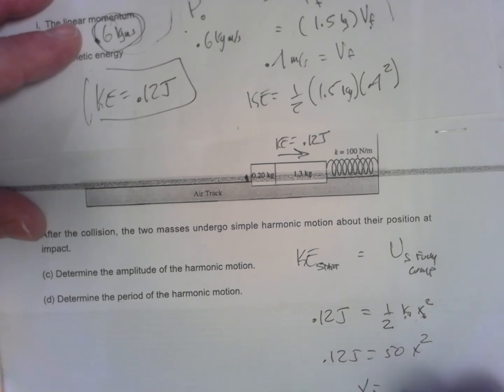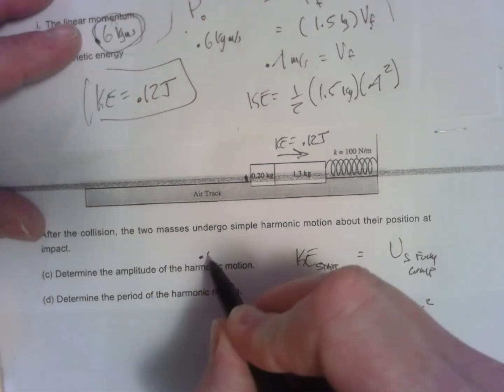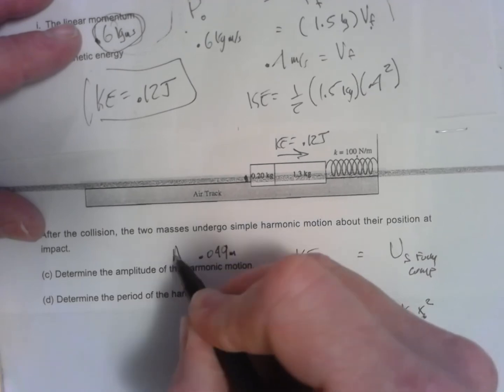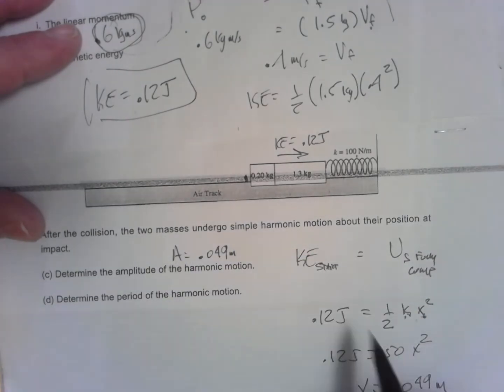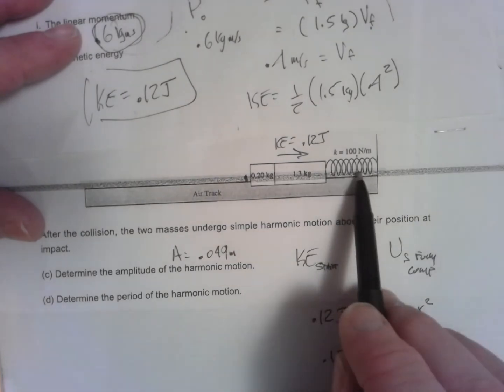So x equals 0.049 meters, or 4.9 centimeters if you want it. So the amplitude is 0.049 meters. That would be the x value when all of the kinetic energy that it had was turned into spring energy.